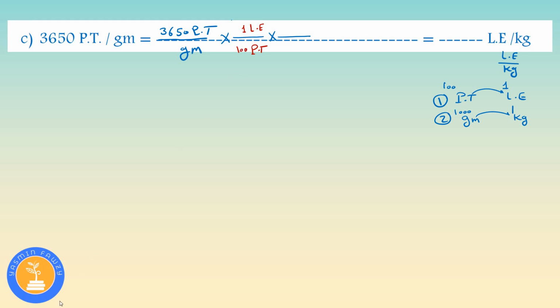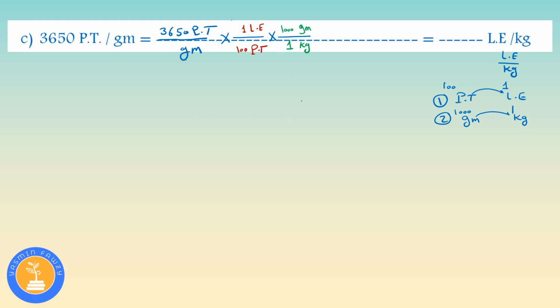What is the relation between them? 1 LE equals 100 piasters. Okay? The second conversion factor will be between kilogram and gram. I want the kilogram here in my answer, up or down? Down. So I'll put kilogram down. Gram converted to kilogram, piaster converted to LE. And up I will put gram. The relation between them is that 1 kilogram equals 1,000 grams.